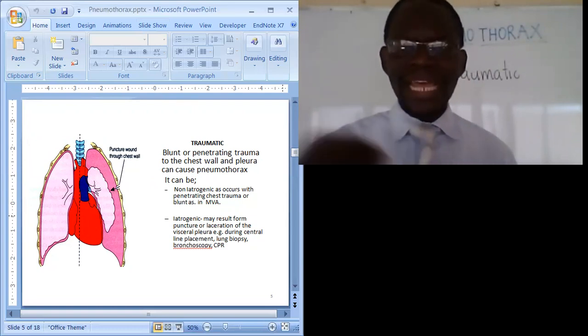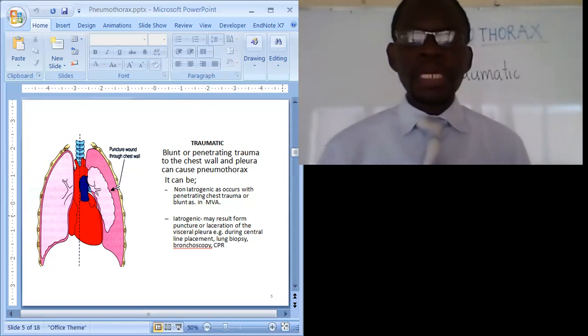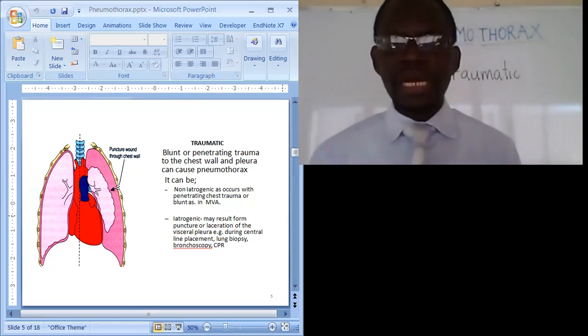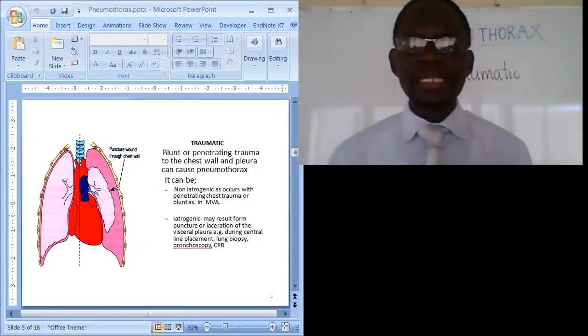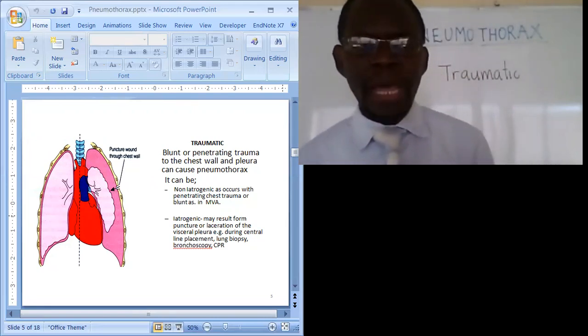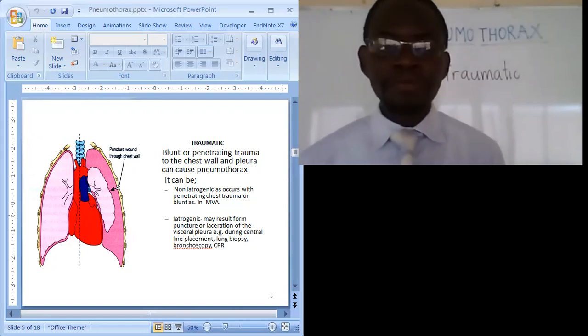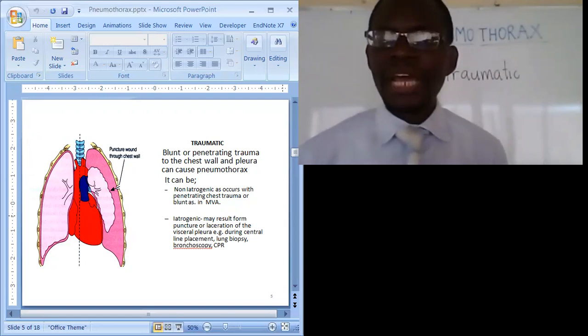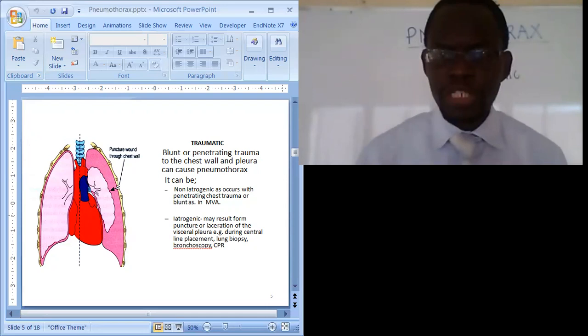So air basically enters and accumulates in the pleural space, as you can see. Now, it can be non-iatrogenic. By non-iatrogenic, we mean that it comes as a result of trauma or maybe a motor vehicle accident. Or it can be iatrogenic, and by iatrogenic we mean that it is induced by a health worker.